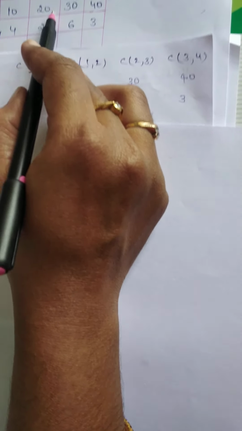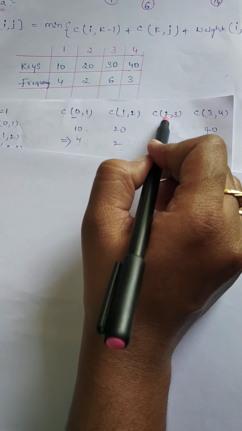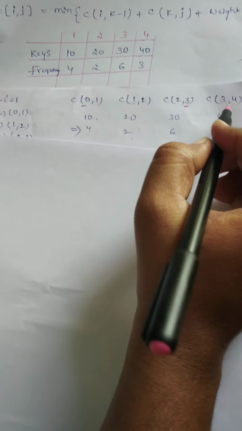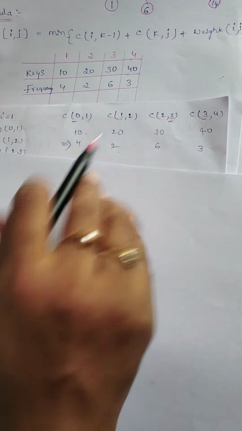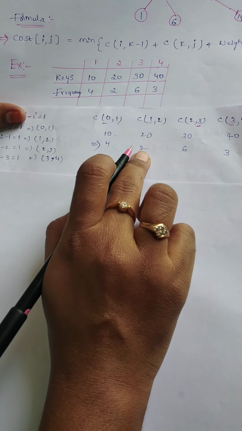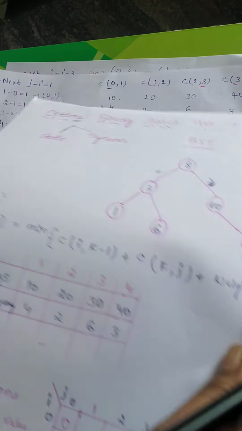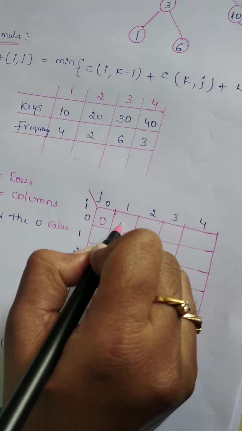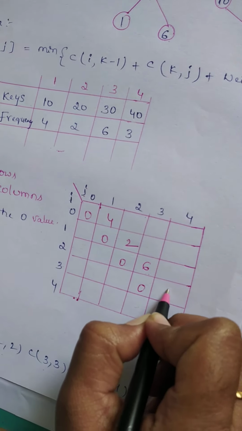The 2 value is 20, and the frequency is 2. Next ignore 2, take only 3. The 3 value is 30, frequency 6. Next ignore 3, take only 4, which is 40, frequency 3. So we get the values 4, 2, 6, 3. So we put the values in this box.